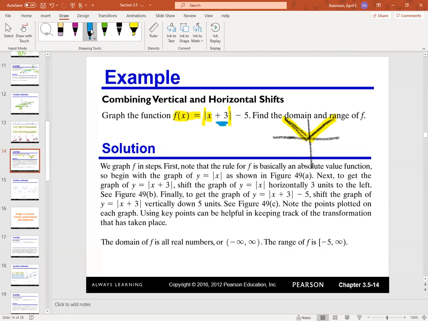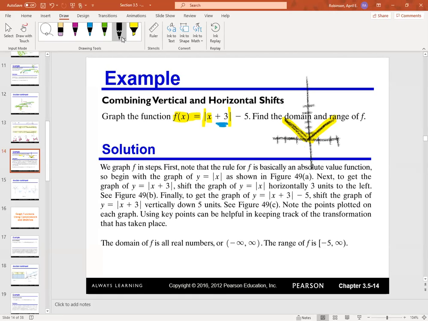Because we have a plus 3 inside, let me draw some. 1, 2, 3, 1, 2, 3, 1, 2, 3, 4, 5, 1, 2, 3, 4, 5. Because I have a plus 3, this point right here and every point is going to shift 3 to the left. 1, 2, 3.